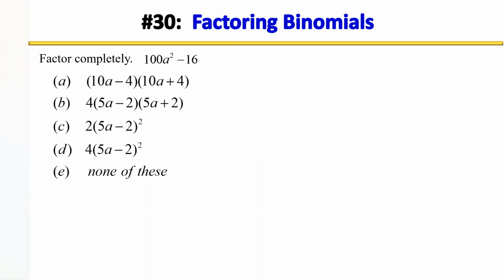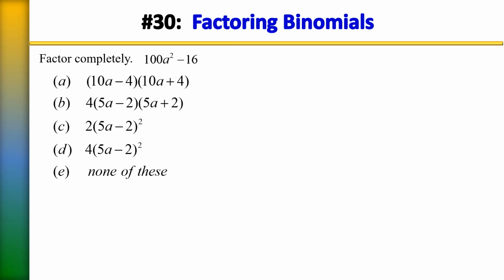Number 30. Factor completely. So what is the correct answer? Choice B. So here we were asked to factor this binomial completely. So the first thing you should do when you're asked to factor is to see if the two terms have anything in common.